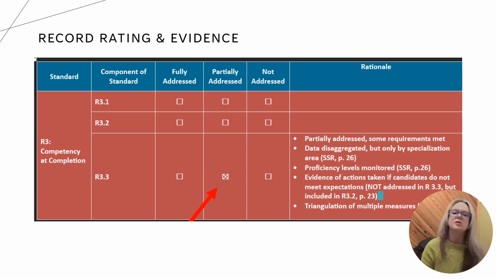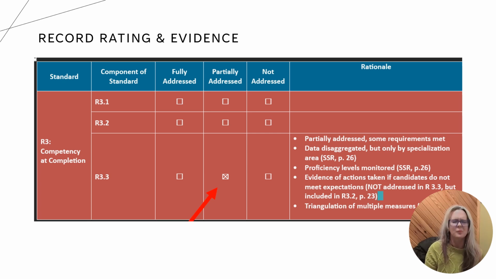Okay, so you will see the reasons why I said this was partially addressed. Primarily, it is because although the EPP did disaggregate the data, it was not done by the required demographics, and they are quite serious about that. Again, it's not a possible source of evidence. Your data better be disaggregated by those groups that they stated.